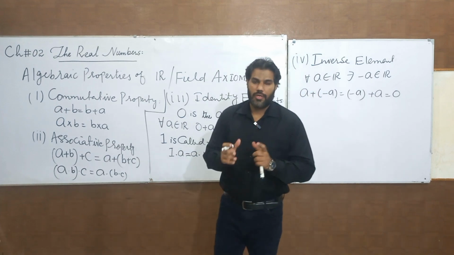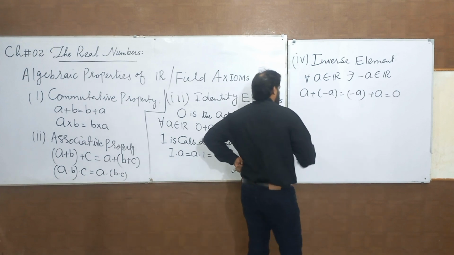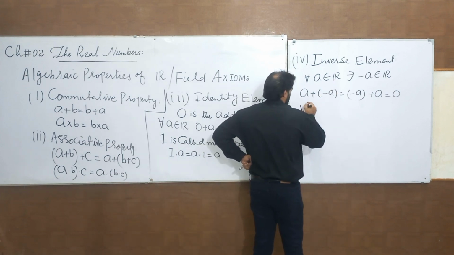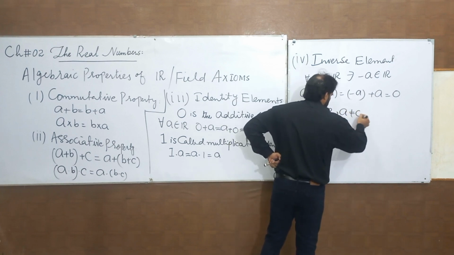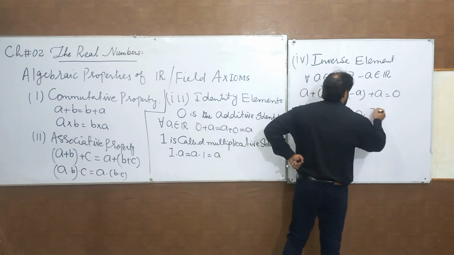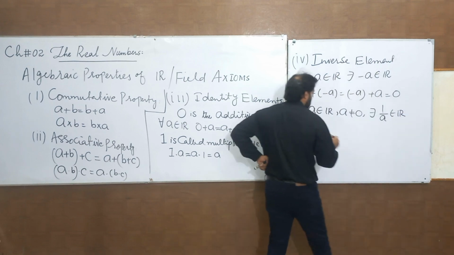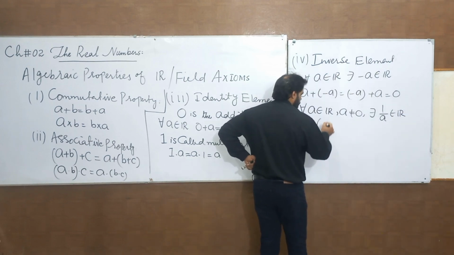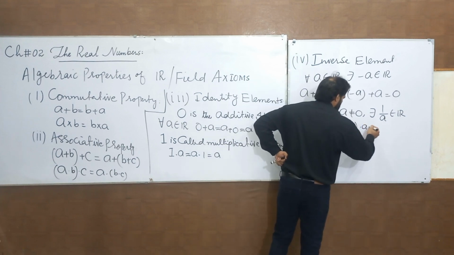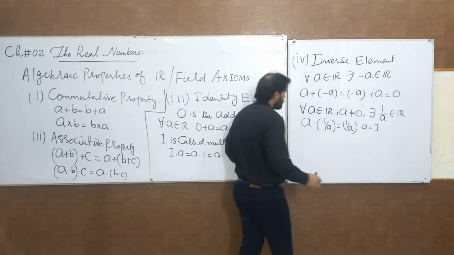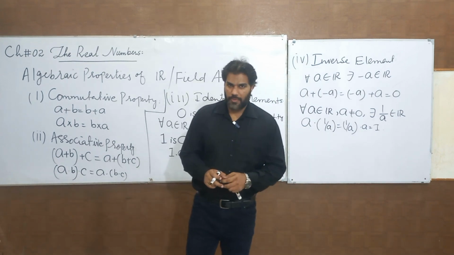So in this case we call A and minus A the additive inverses of each other. And in case of multiplication, for all A belonging to R, where A is non-zero, there exists a reciprocal or multiplicative inverse 1 over A in R such that A into 1 over A, and 1 over A into A, gives the multiplicative identity. So these are the total 8 properties.